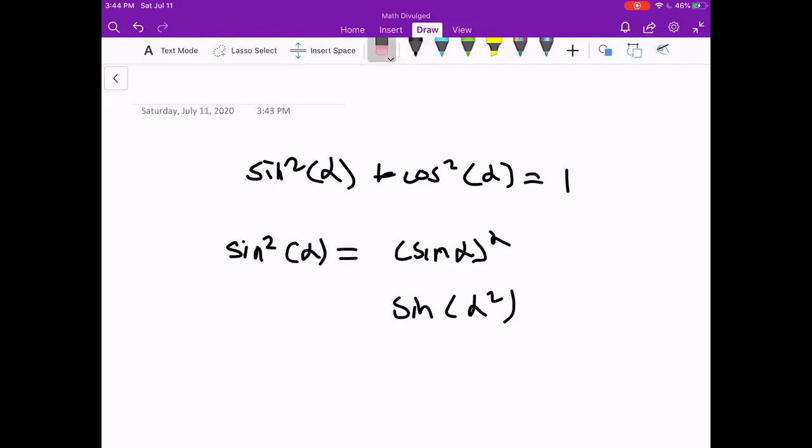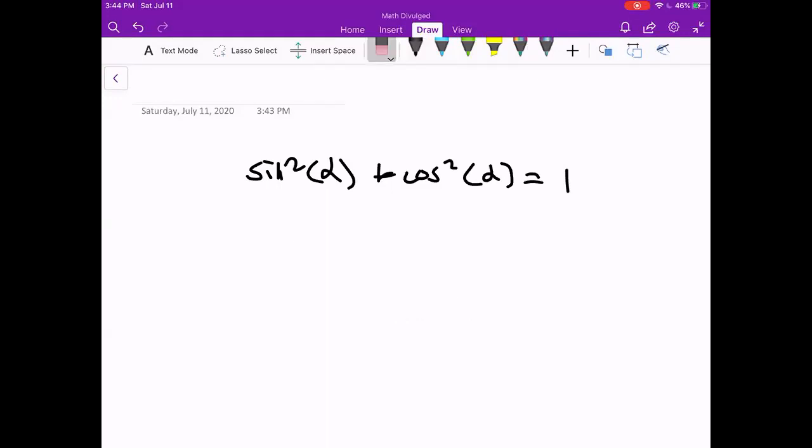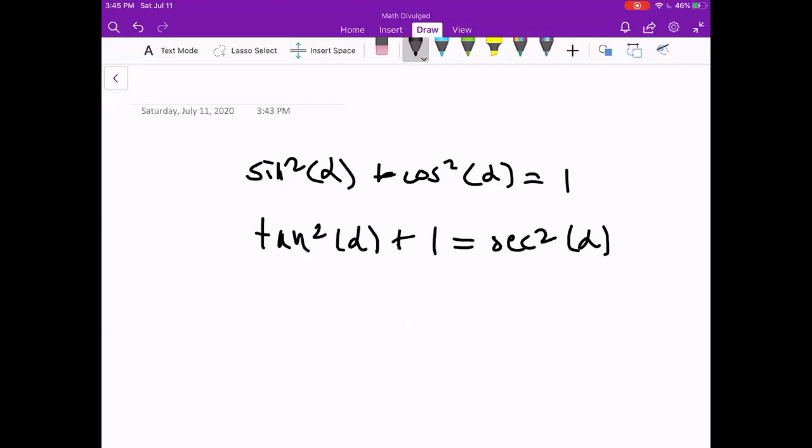And then the ones involving tangent and secant, we have tangent squared alpha plus 1 is equal to secant squared alpha. We also have, similarly, 1 plus cotangent squared alpha is equal to cosecant squared alpha.